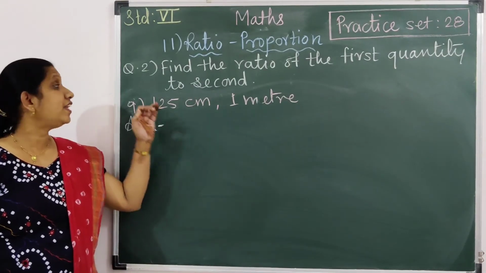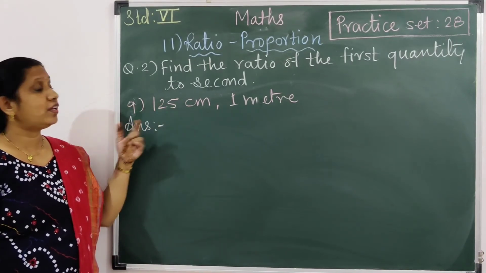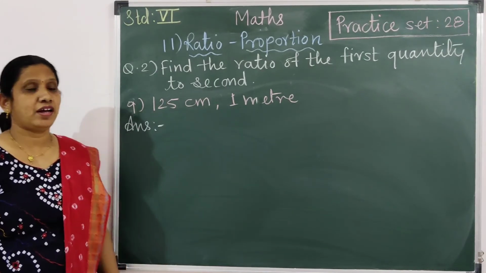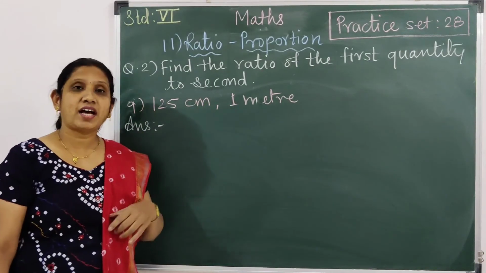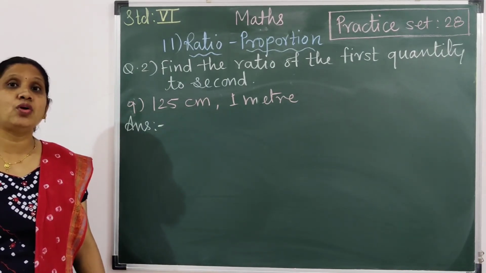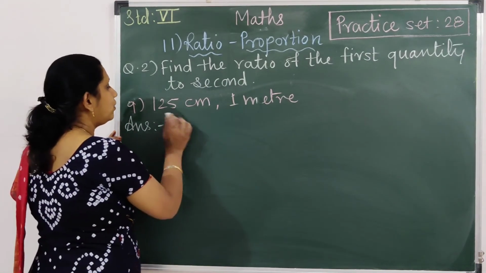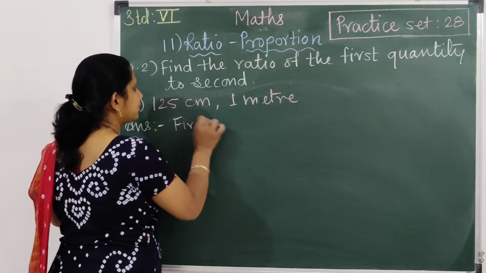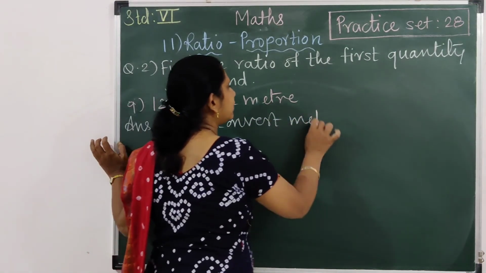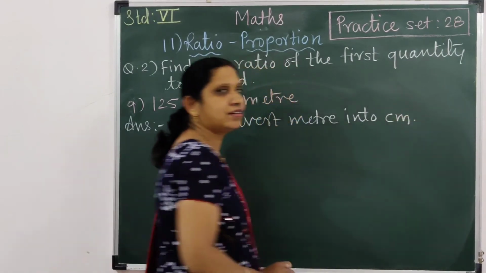Children, let us see the example number 9. We have to find out the ratio of 125 centimeter to 1 meter. Here also units are different, but we know that 1 meter is equals to 100 centimeter. So first, convert meter into centimeter, right?